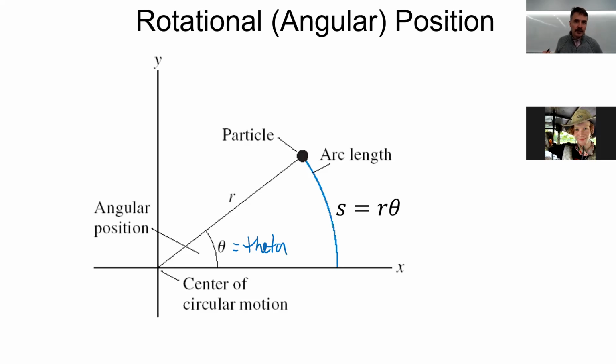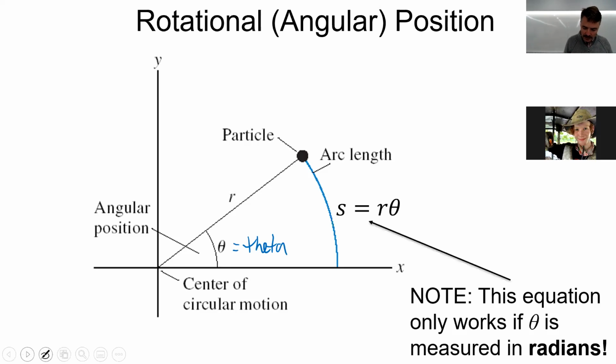So for any particle's position, you can specify its position with x, y, or you can specify it with r, theta. This is called polar coordinates. So that's its angular position.